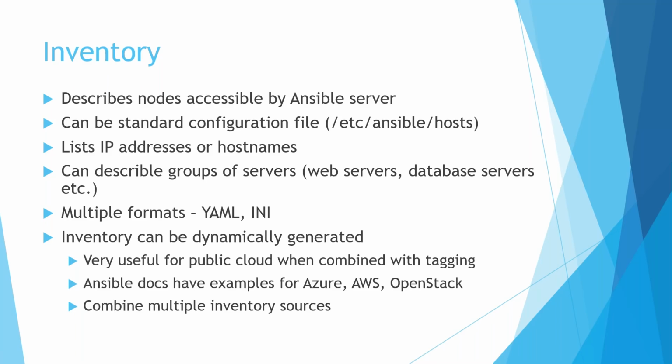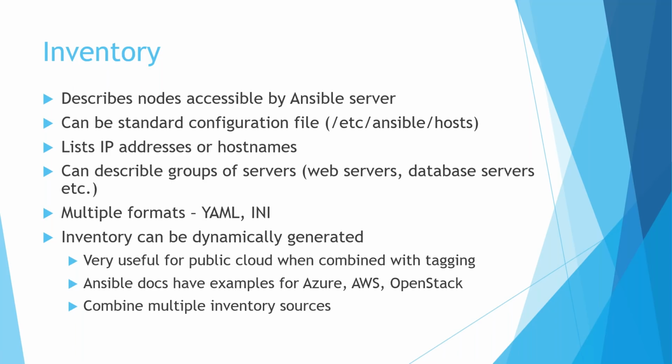A common way to approach this with Ansible is to use tagging, which you should be doing if you're running in a public cloud, regardless of which public cloud it is. You tag your servers, and then you can use these tags to help you build a list of servers to target.